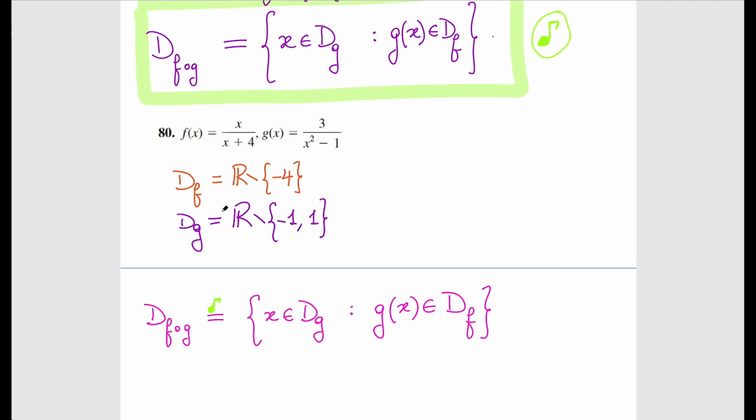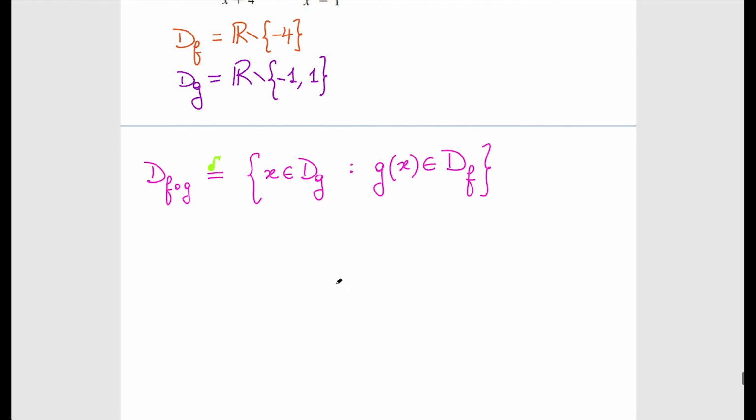Okay, so now I have a full understanding of what the domain of F is and what the domain of G is. Let's take this knowledge now to unravel this set. So this is then equal to, I'm going to keep going here, now I know what the G is. So this is then the set of, what does it mean for x to be in the domain of G?